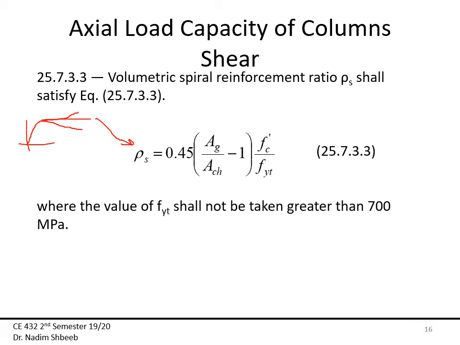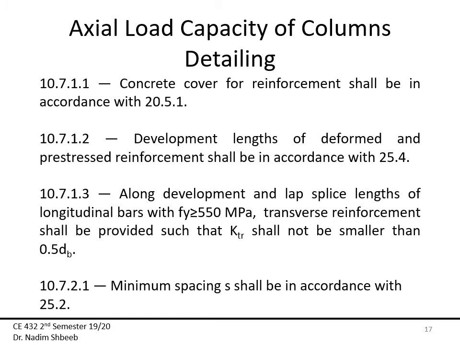It's equal to 0.45 times the gross area divided by the area of the core concrete, which is confined within the spiral, minus one, times F prime C divided by Fyt. Again, Fyt shall not be greater than 700 megapascal. I will show you how to use this equation in example number 2, so just bear with me till we get to that.